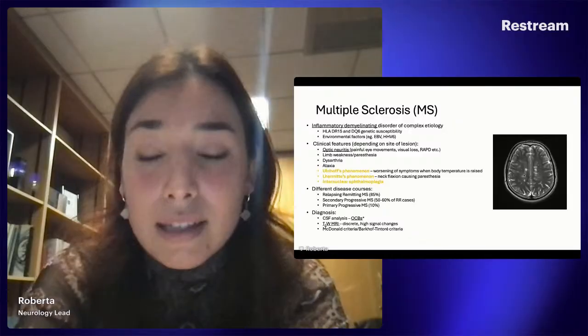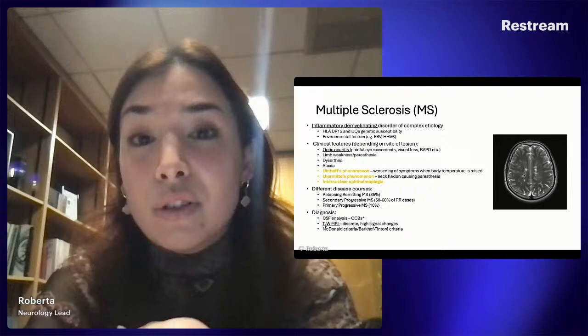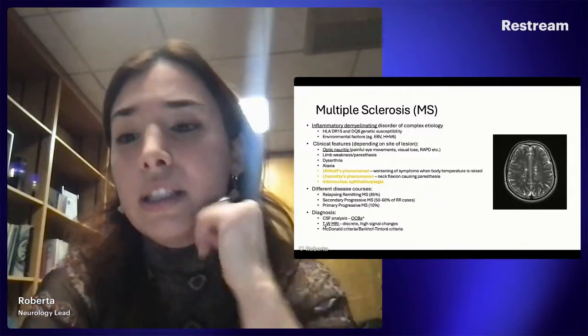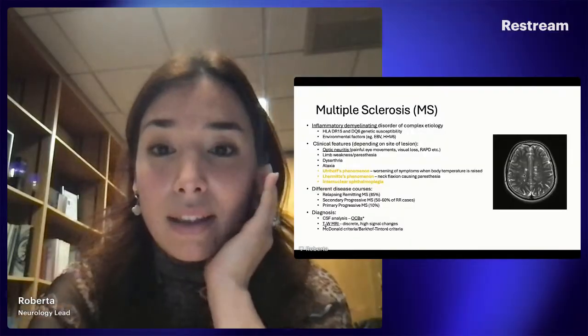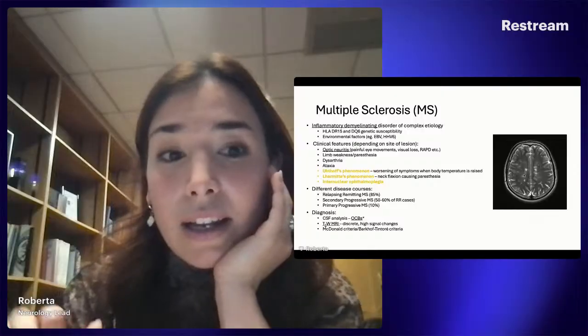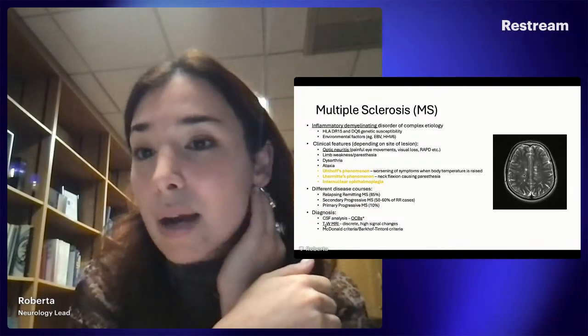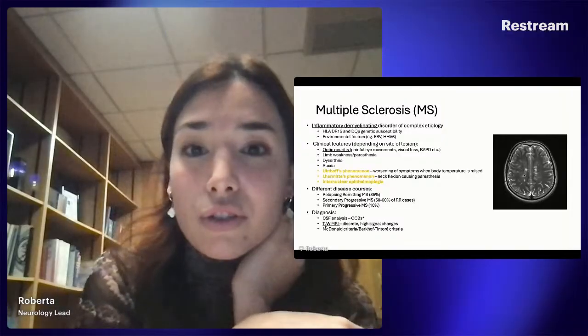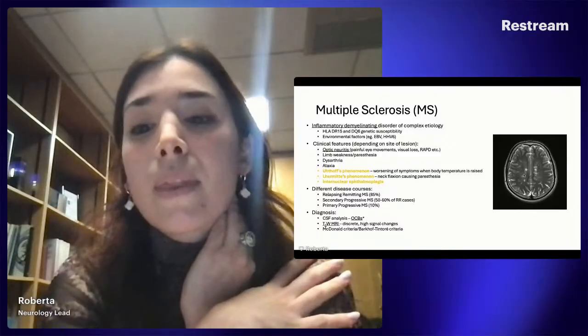The disease can present in different ways in terms of symptoms, but also in terms of progression. So the most common type of MS is relapsing remitting. So we get this acute onset of symptoms that resolve, and then there's a relatively stable period, and then there's a new symptom perhaps, which again presents acutely and then resolves, and so on.